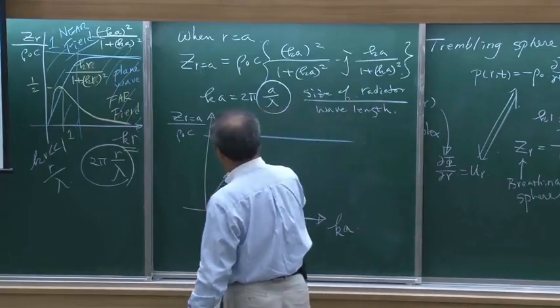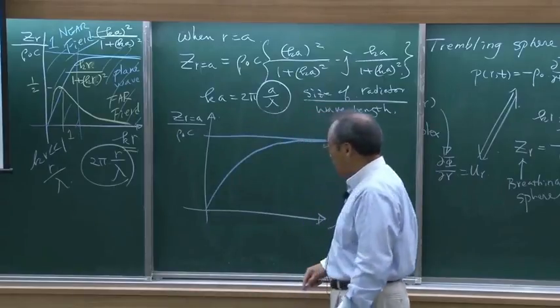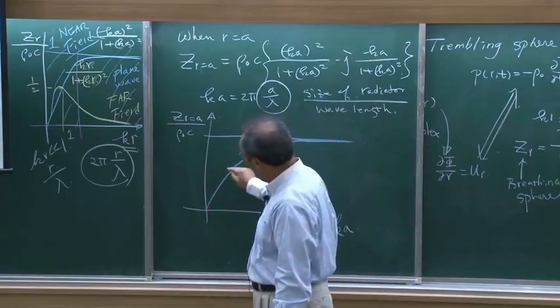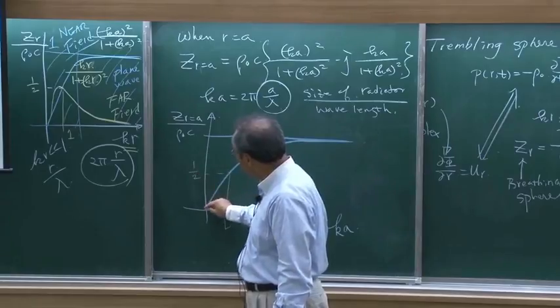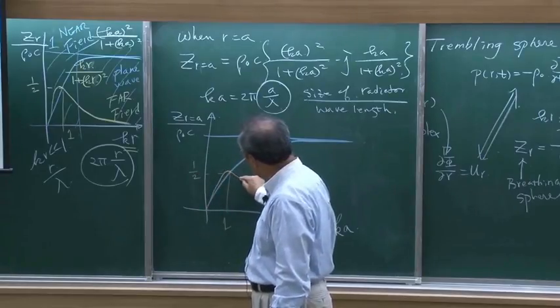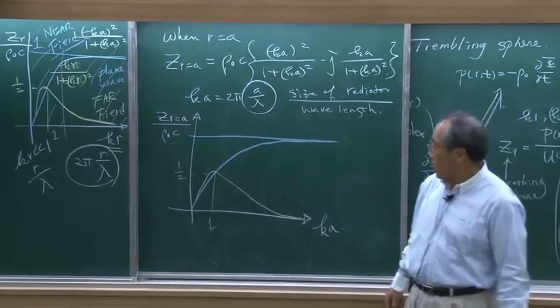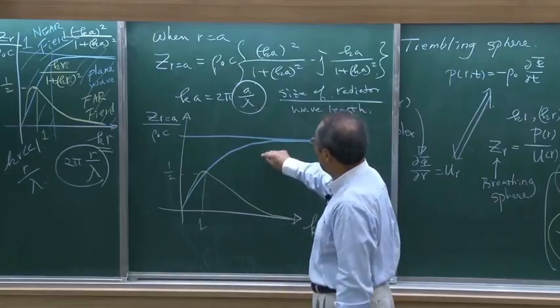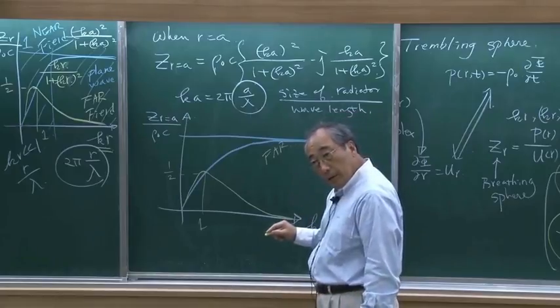So again, the real part approaches 1 as Ka gets larger and larger, and the imaginary part will approach zero as Ka becomes larger and larger. And again, this is far field. Far field? Do you think that is a correct description?